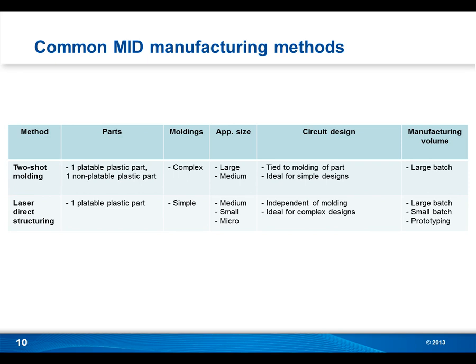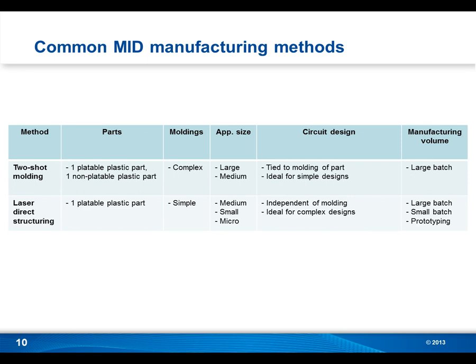MID really broke the scene with a process called two-shot molding. Two-shot molding is a process where two different types of plastics are being injected into a fairly complex injection molding tool. So one for the circuit feature and one for the housing or the mechanical carrier feature.